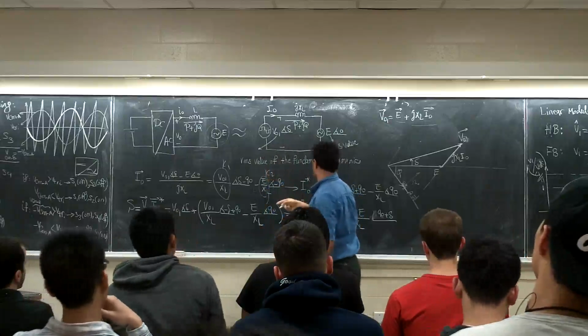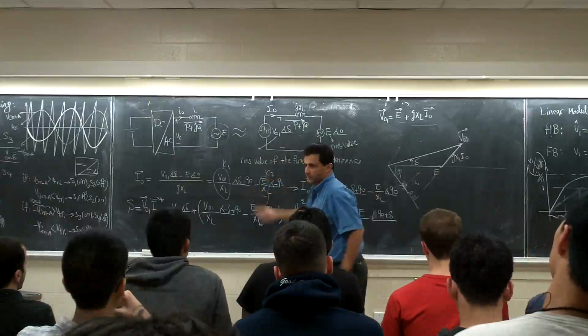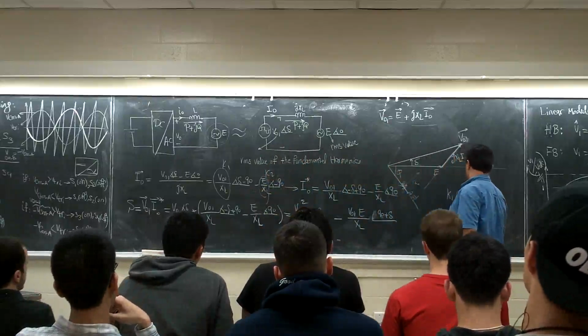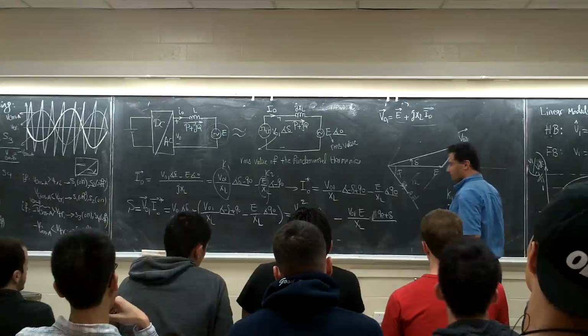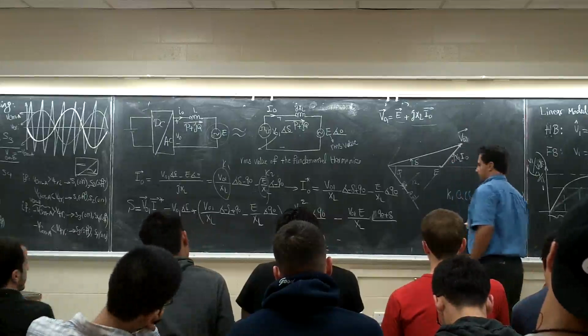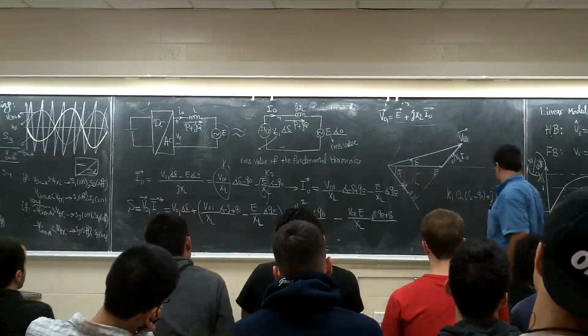This one is definitely correct. Let's check this one. It's going to be K1 cosine of delta minus 90 plus j K1 sine of delta minus 90. Conjugate means this one should be minus.